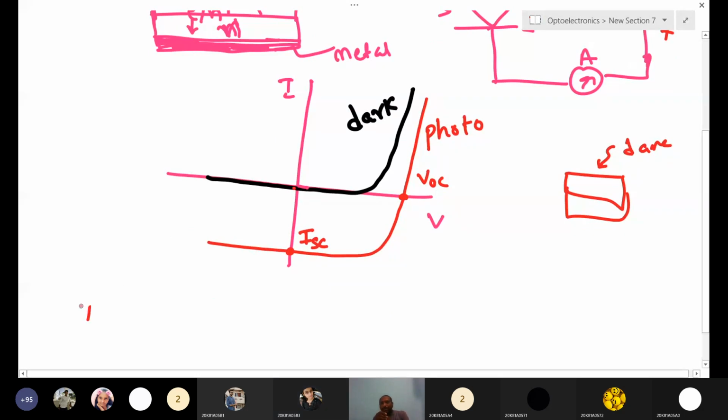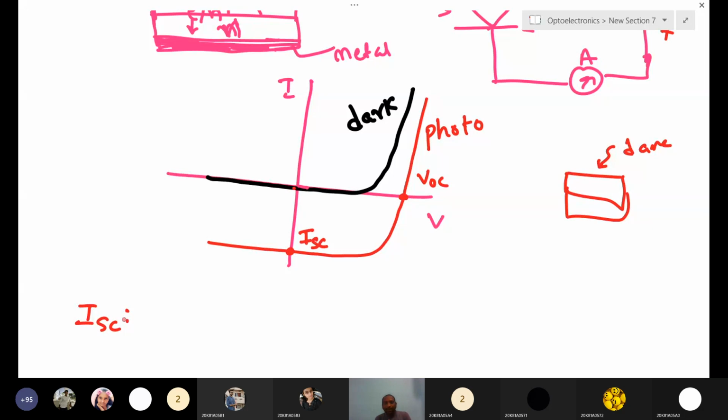Dark current means we do not shine any light on the device. We do not make any light incident on the photodiode. Only in reverse bias we measure the current. That is dark current. Photo current means when light is incident on the photodiode, electron-hole pairs are generated by this light. These are extra electrons and holes, and they flow in the circuit, so we get extra current.